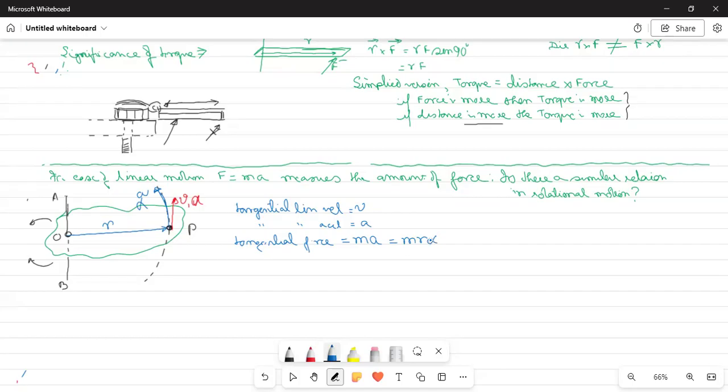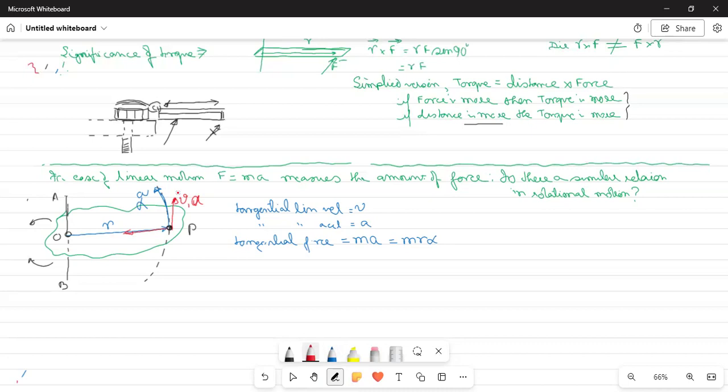Now, there is a centripetal force in this direction, and there is a tangential force in this direction.